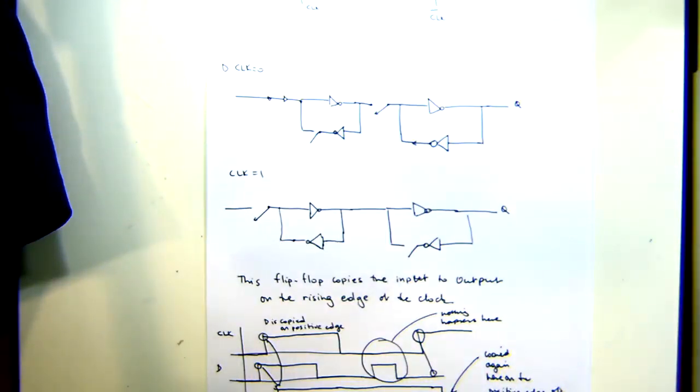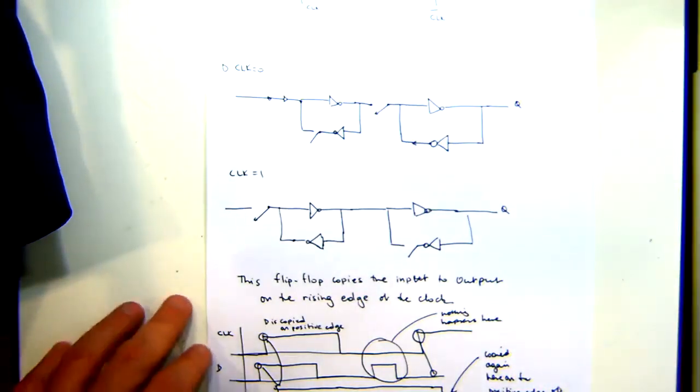If the outputs are actually changing, we don't really care, because the only thing that will happen is we will sample the output at either the rising or falling edge of that clock, depending on how you've implemented that flip-flop. Essentially, if it's a positive edge flip-flop, you will sample on the positive going edge, and if it's a negative edge flip-flop, you'll sample on the falling edge.